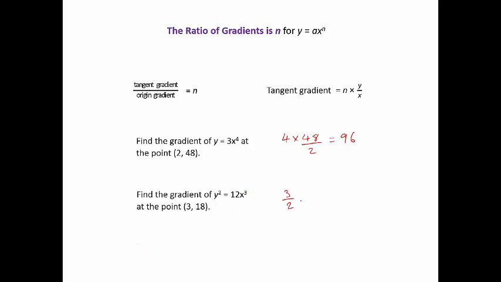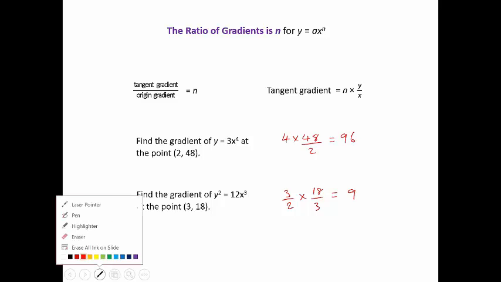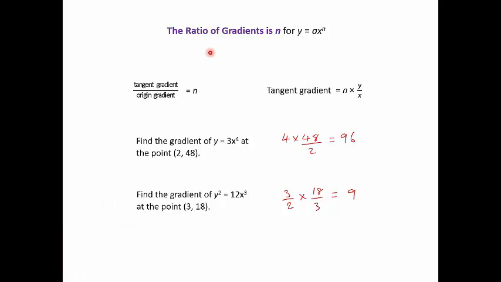So the answer is going to be 3 over 2 for n times y over x, which is 18 over 3. That comes to 9. So it's very easy to work this out, and the nice thing which we're coming to next is that this ratio of gradients equal to n ties up with a ratio of areas, which is equal to n in the next section.